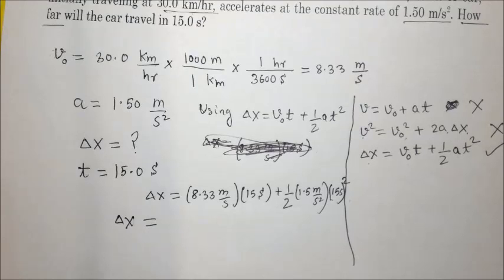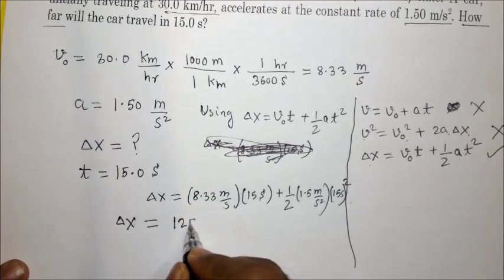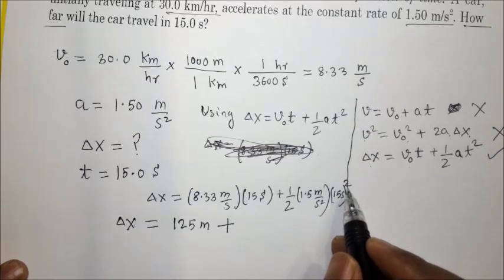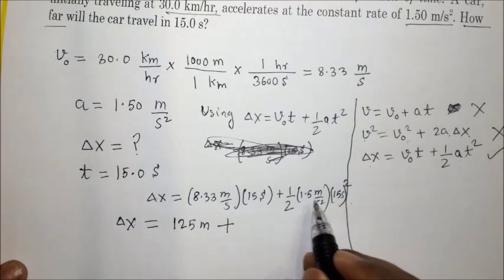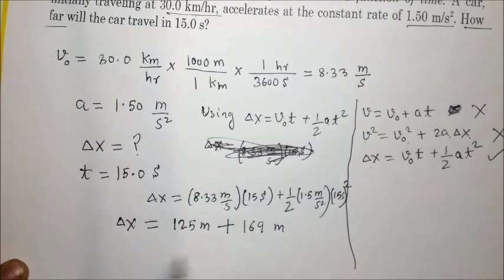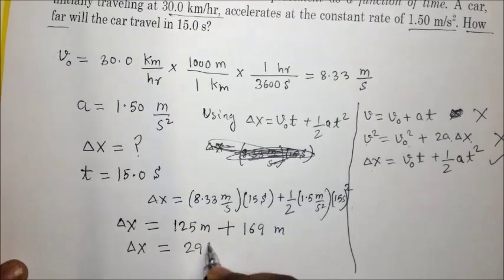If you solve this, the first one is coming about 125 meter, and for the second one, 15 square is 225, and 225 times 1.5 divided by 2 gives you approximately 169 meter. So delta x is equal to 294 meter.